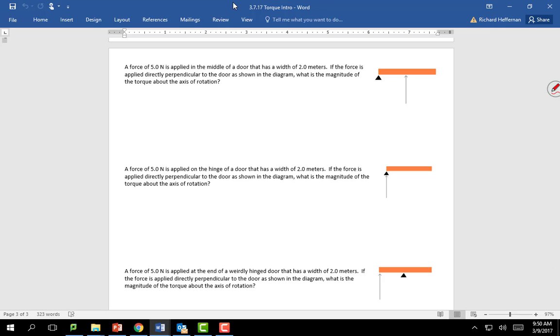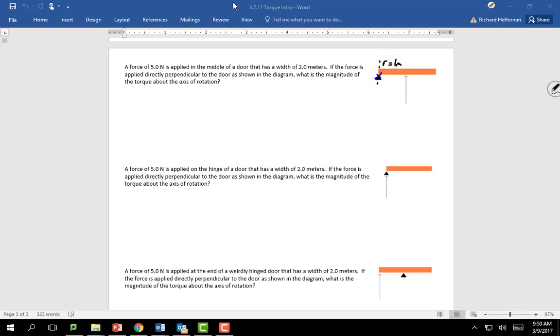Next one: a force of 5 newtons applied to the middle of a door that has a width of 2 meters. If the force is applied directly perpendicular to the door, what's the magnitude of the torque about the axis of rotation? Step 1, figure out your axis of rotation. Step 2, figure out your lever arm. 1 meter. R equals 1 meter.